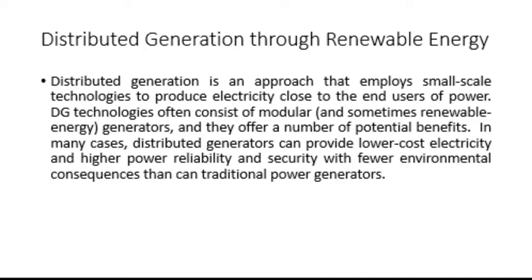That is the most important point: the generator will be located very near to the end user, and it will employ a small scale technology. It will not be generating much, but a small amount for a small area. That area will be isolated, solely depending on that distributed generation, and it can also draw power from the national grid.